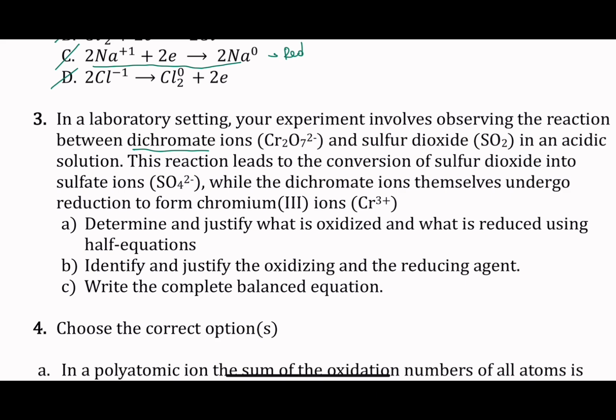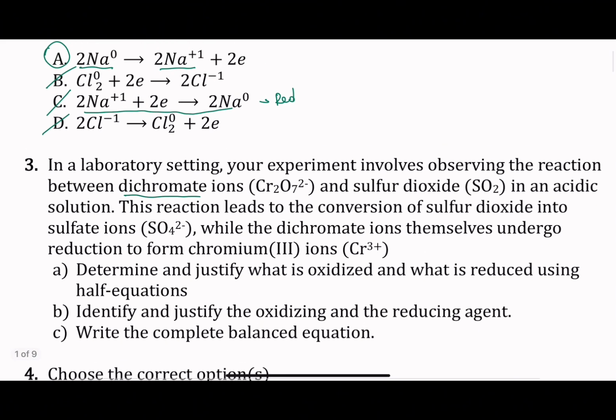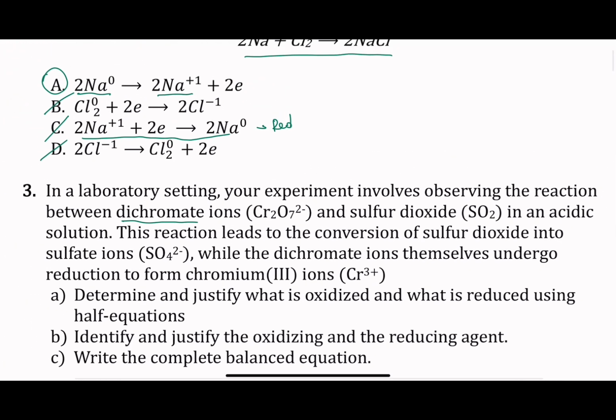So what we want you to do is focus on just the balancing. Now we got Cr2O7 2-, going and reacting with SO2 making Cr 3+ and then making SO4 2-.